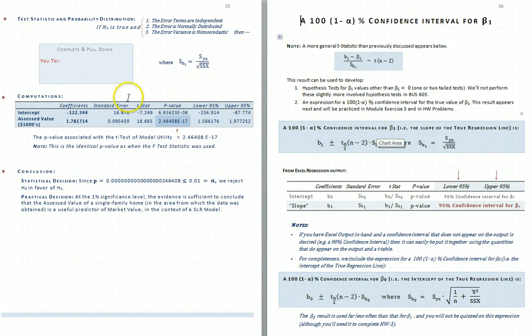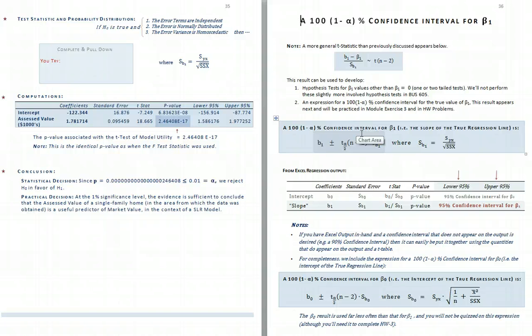For example, on this convenient coefficients table, B1 appears here and SB1 appears here. The value of T alpha over 2, n minus 2, is obtained from a t-table or through the use of the Excel t-inverse function.